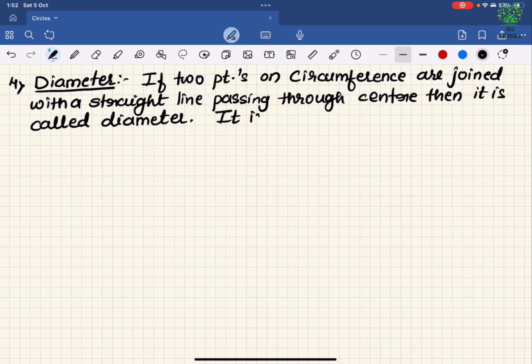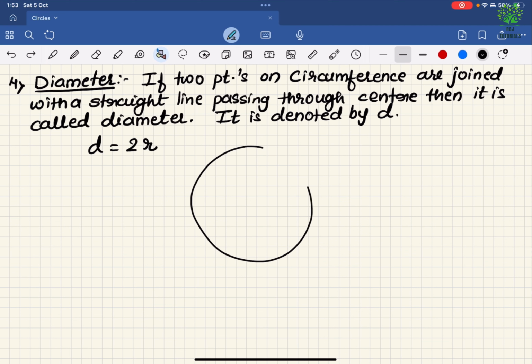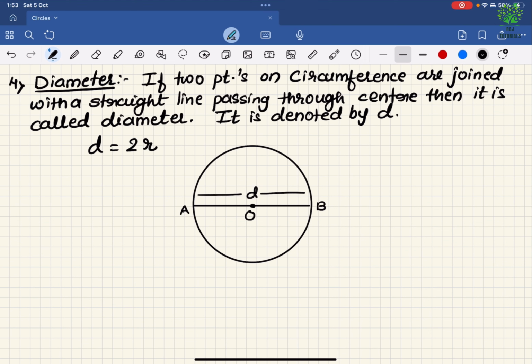It is denoted by D. Also D equal to 2 times radius. Now if I make a line like this, this is my center O and this is a point A and B touching the circle. So then AB is called diameter. So this distance is my diameter.